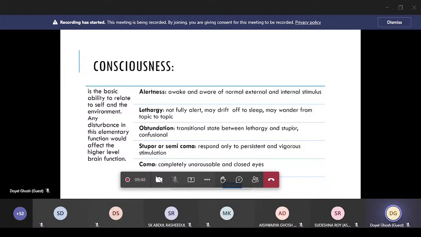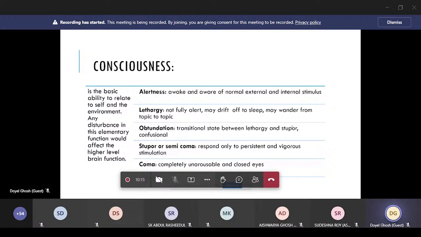In alertness, the person is awake and aware of all the normal external and internal stimuli. We can assess the person for mental status examination then. But if the person is lethargic, that is, not fully alert and may drift off to sleep, then it is difficult to carry forward the mental status examination.